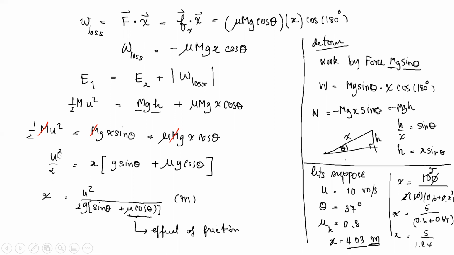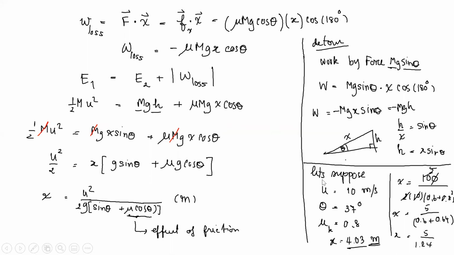So we have u squared over 2 equal to x times g sine theta plus mu g cosine theta. And the distance going up the ramp is x equals u squared over 2g times sine theta plus mu cosine theta. This is just waiting for numbers to put in.